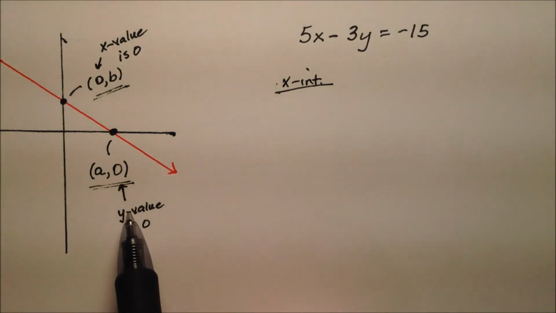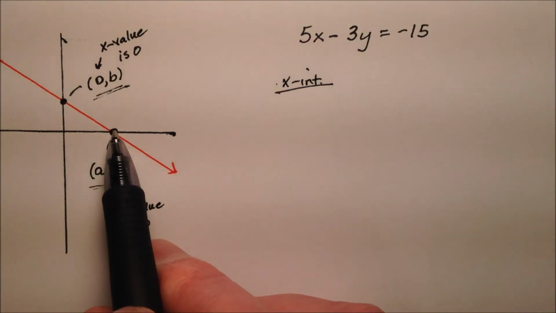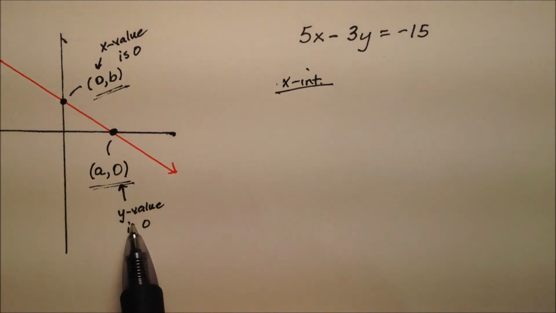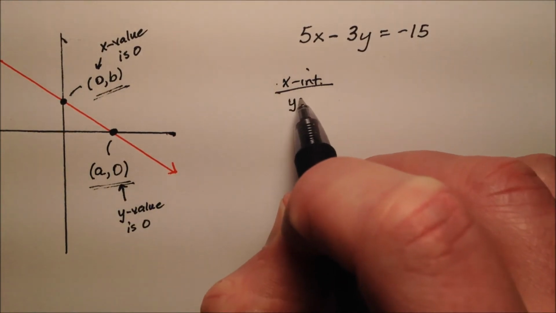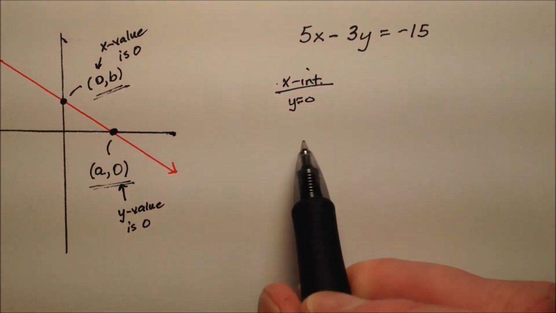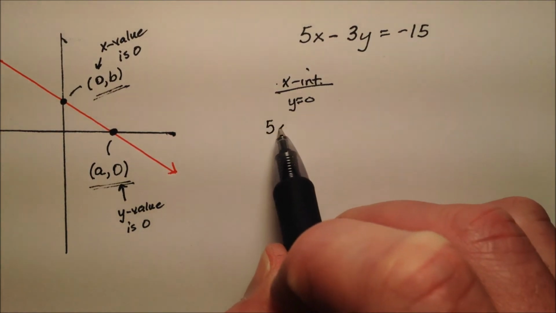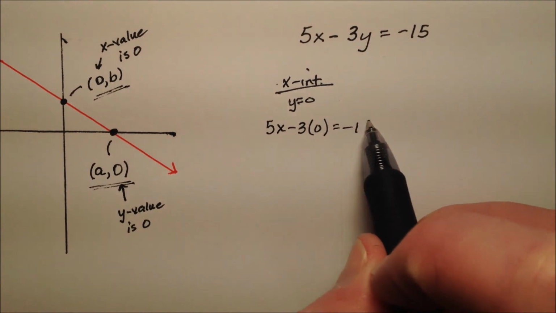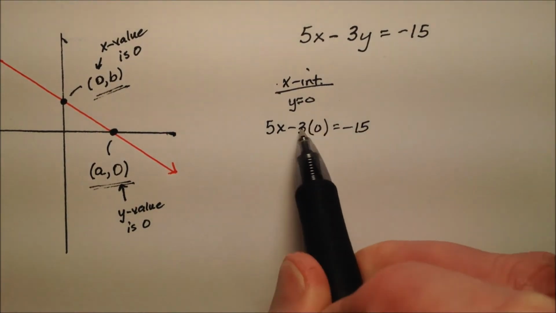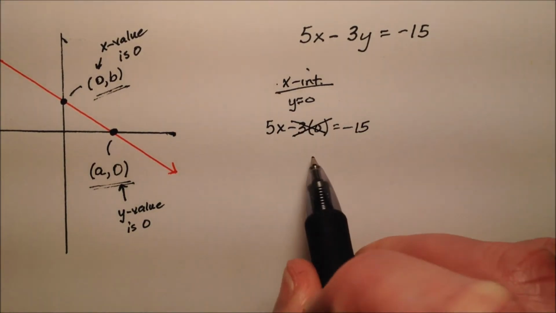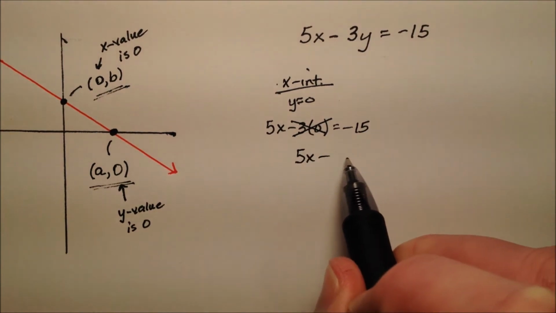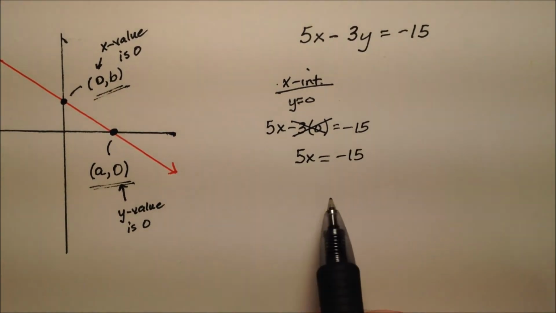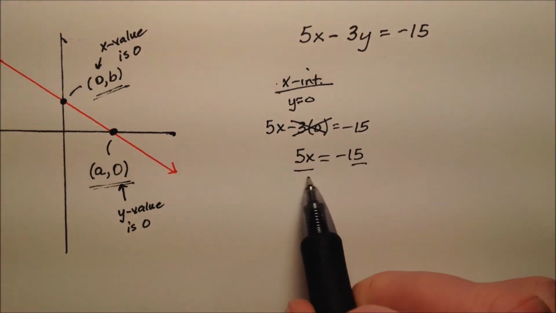And you'll notice the x-intercept is going to be located where your y value is 0. Which means I'm going to take this equation, I'm going to rewrite it, except I'm going to plug a 0 in for y. When I do that, this essentially cancels out that term, and I'm left with only 5x equals negative 15.